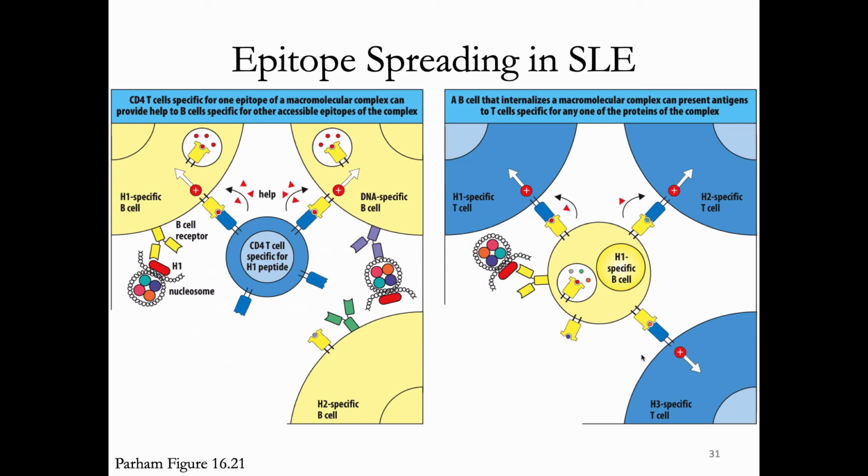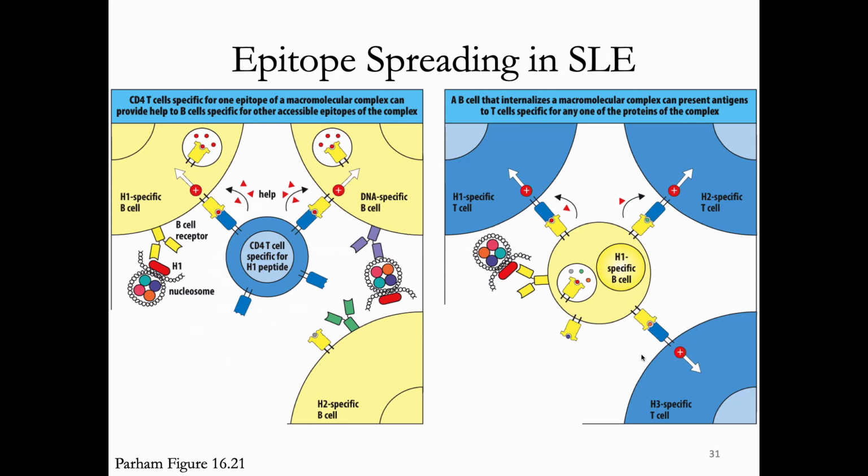It's probably going to do the linked recognition that we talked about. And histone H1 is attached to DNA and all the other histones. So when this B cell internalizes histone H1, it's also going to present histone H3 and histone H2 and the other histones, and it might present a bunch of other things. And so it could, in fact, turn on a whole bunch of T cells.